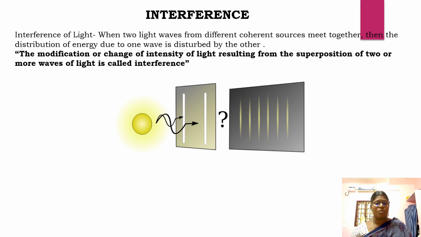The light emerging from these two slits will interfere with each other. As a result, the interference fringes, the interference patterns, will appear on the screen. So interference is the phenomenon in which the modification or change of intensity of light results from the superposition of two or more waves of light.